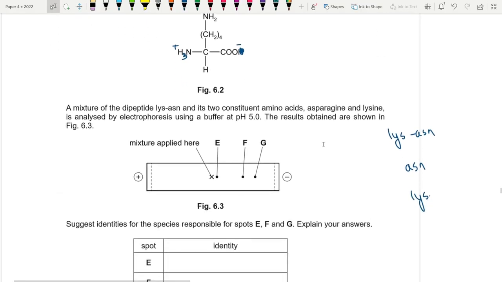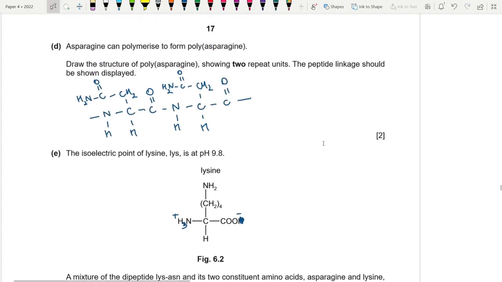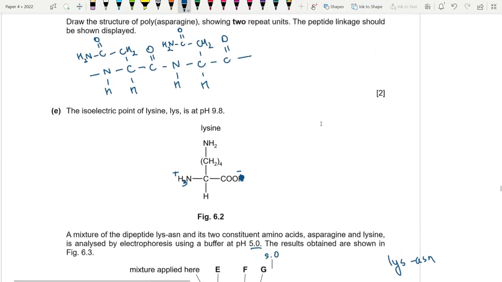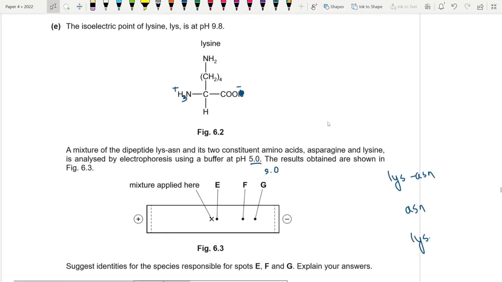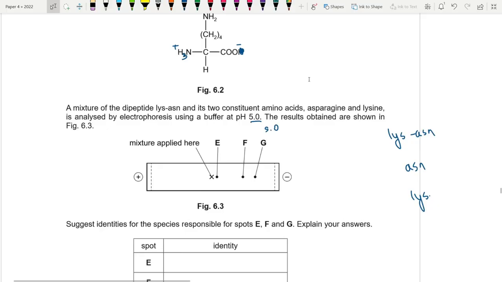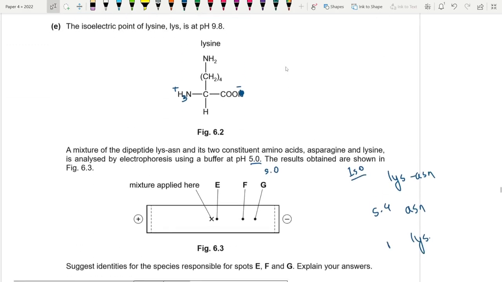Okay, so how do we deal with this? Okay, so the pH is at 5. Okay, the pH is currently at 5. Now we know that the isoelectric pH of asparagine is actually 5.4. And for lysine, it's apparently 9.8. So yeah, I was talking about this.